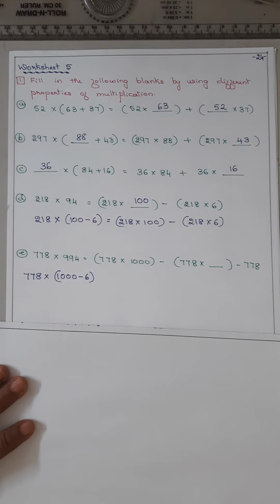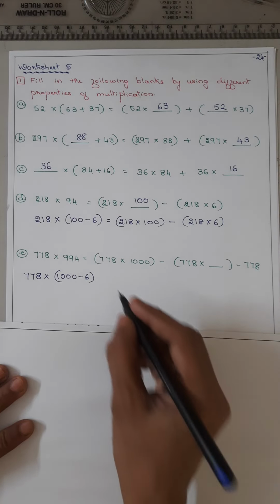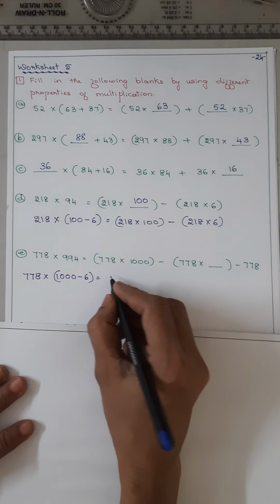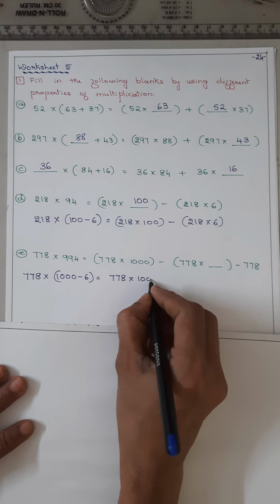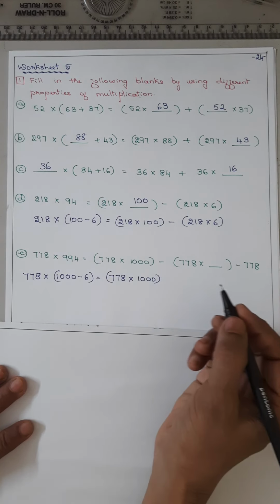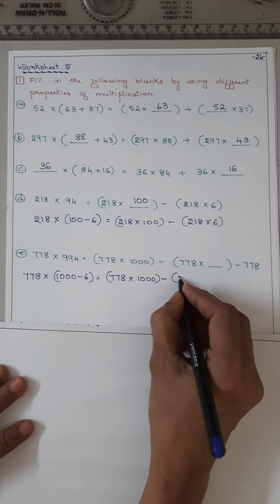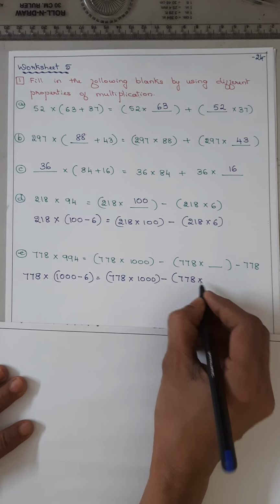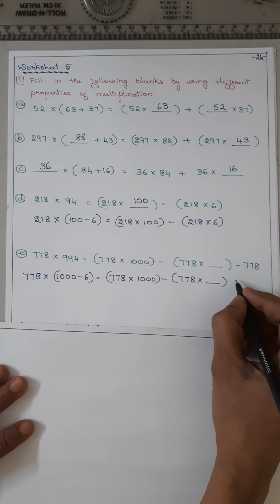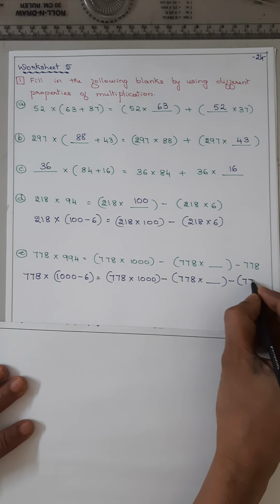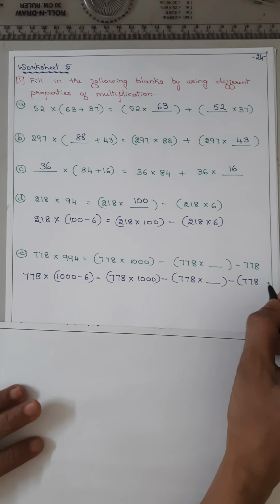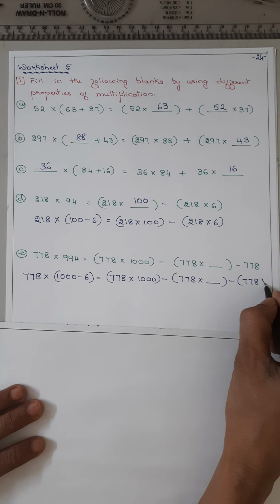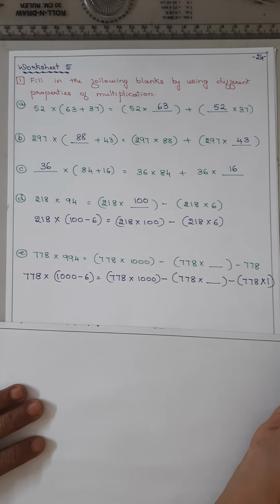Yes or no? But here it is written as 778 into 1000 minus 778 into dash minus 778 मतलब क्या है? इंटू कुछ नहीं दिया है, but it will be 1.